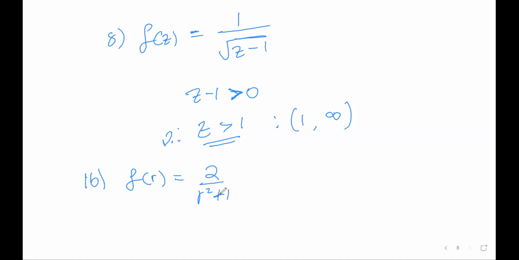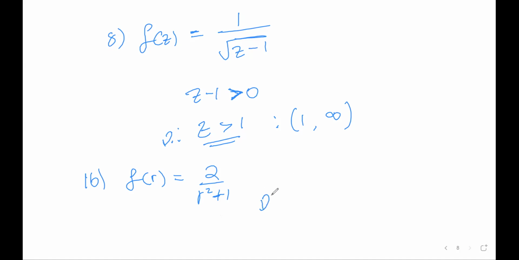A common thing you quickly say is that if the denominator is 0, then we will have a problem. But look critically at the denominator, you will see that it can never be 0. Because if you substitute any real number here and square it, it's always going to be positive. Any positive number plus 1 is already bigger than 0. So our denominator can never be 0.